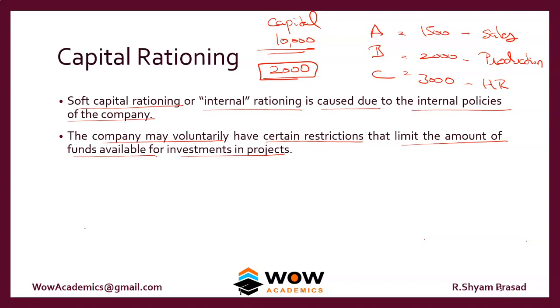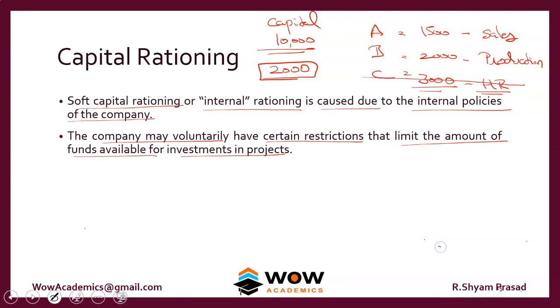So each of the managers has to pitch to the senior managers saying why their project is best, and they have to convince them. Only the project which is very convincing and looks very promising would be selected. In this case, the HR manager should not propose C for 3000, because the total limit itself is 2000. So this project will be immediately cancelled.